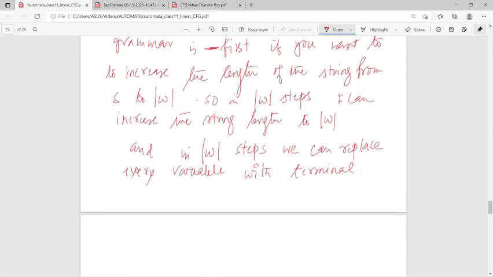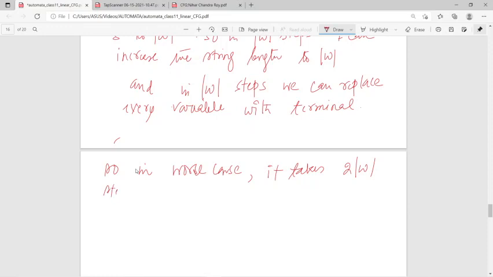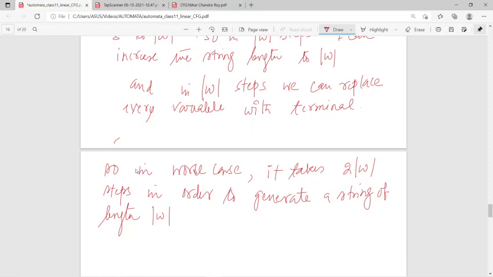So in the worst case, it takes 2w steps in order to generate a string of length w, for a grammar which does not contain epsilon and unit productions.